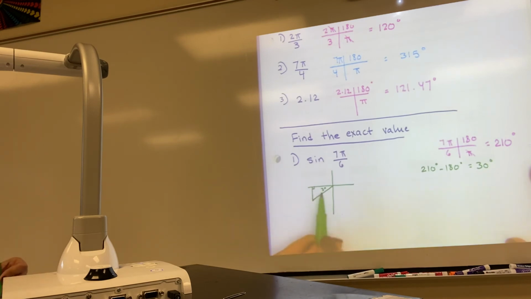This is a 30, 60, 90 degrees special triangle that we talked about before. The sides in this case will be 1, √3, and the hypotenuse is 2. But remember, we are in quadrant 3, so this will be negative, and this is negative as well.